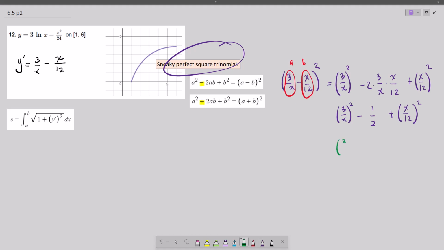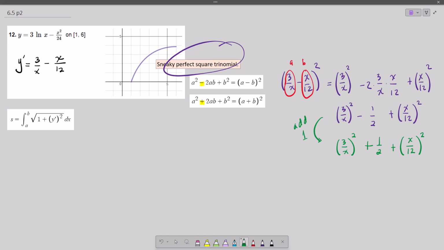So if we add 1, I'm going to just say on the side that we're adding 1. When we add 1, what changes? That's the only thing that changes, right? Everyone agree? If we add 1, negative 1/2 and 1 can be added and turned into a positive 1/2.